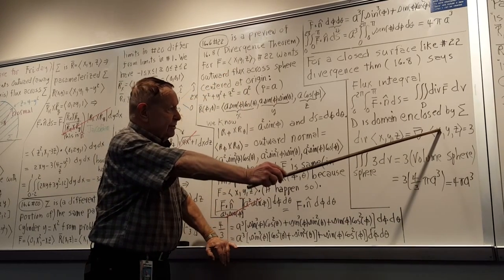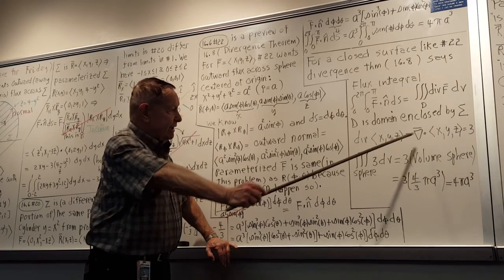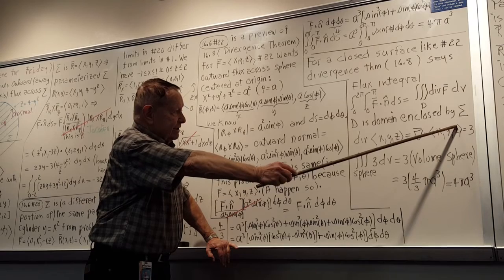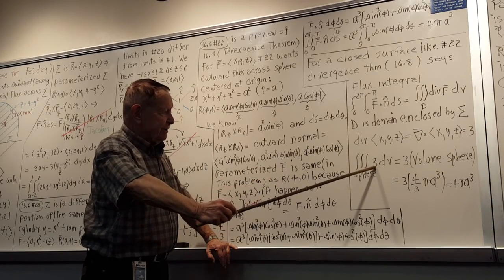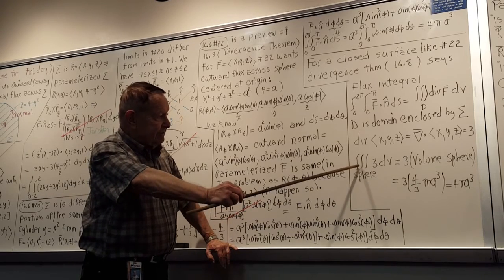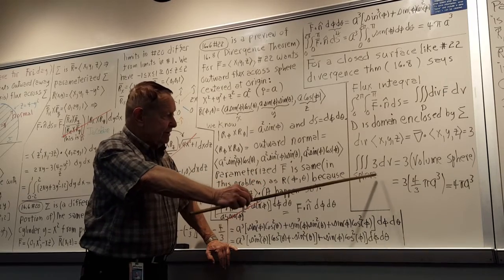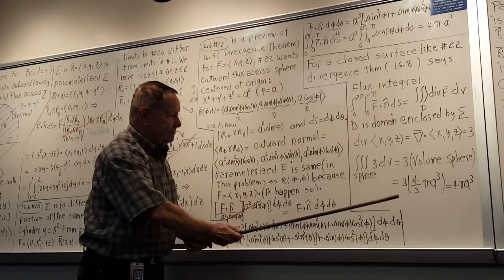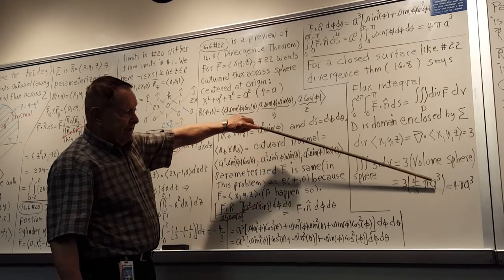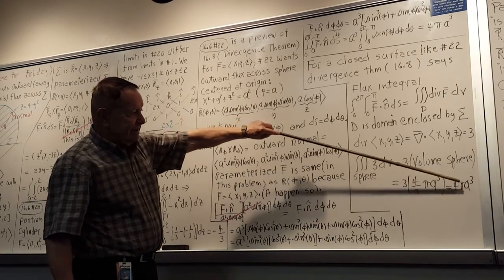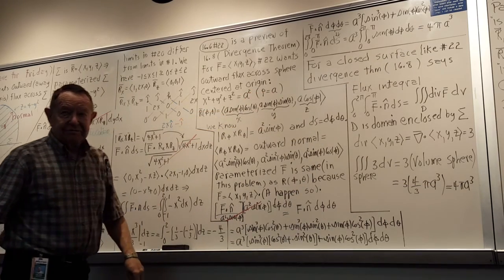So you have partial of x with x, that's 1. Partial of y with y, that's 1. Partial of z with z, that's 1. So your divergence is actually 3. So when you do the integral of 3 over the volume of a sphere, you get 3 times the volume. Well, you know the volume of a sphere is 4/3 pi a cubed, so 3 times it gives you this, which is what your flux integral gives you.